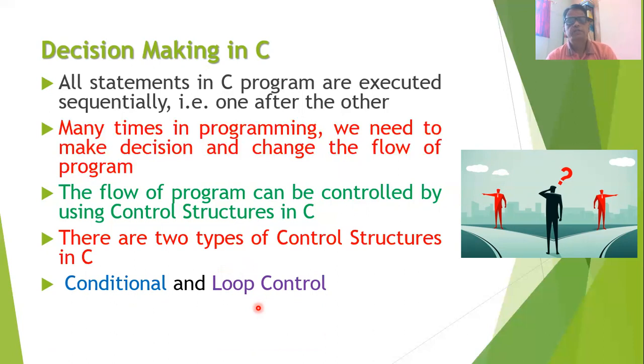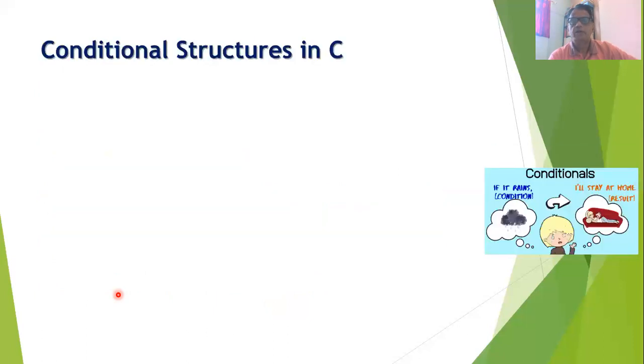Now, in this session, we'll be discussing only the conditional part, and the loop control part we will discuss later because we want to keep this video length short. Therefore we will discuss only the conditional control structures available in C programming language.